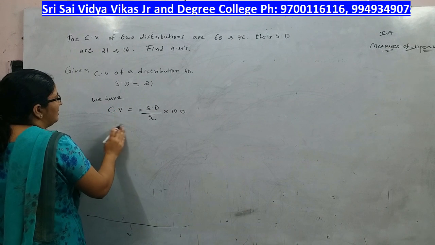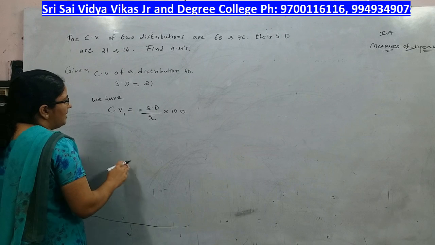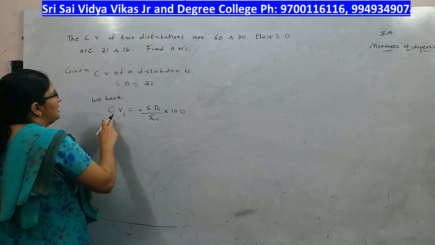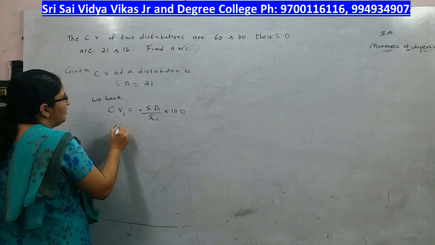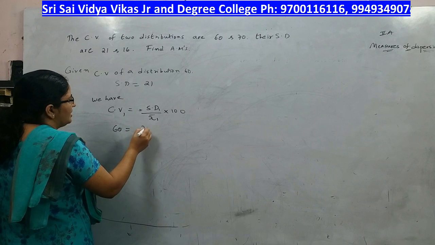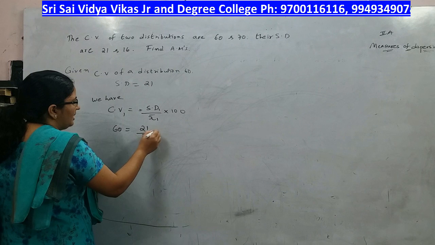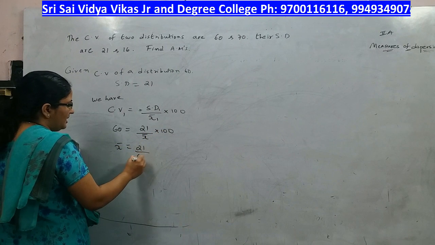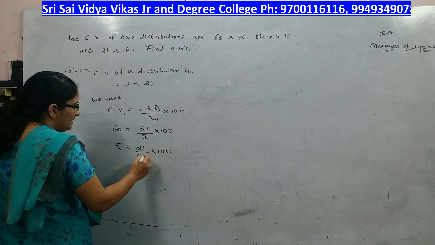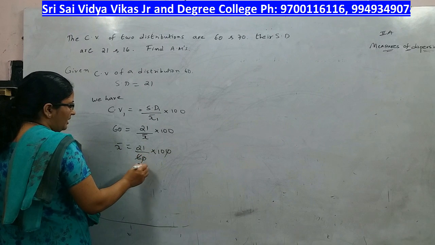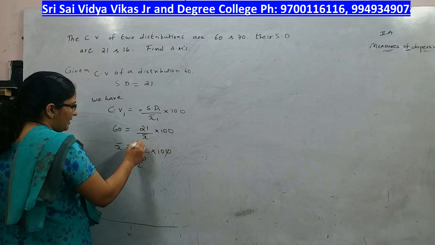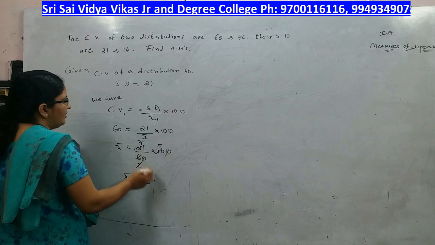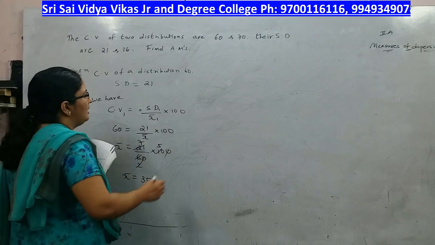CV1 is 60, which is equal to standard deviation 21 by x bar into 100. Take x bar up. X bar is equal to 21 by 60 into 100. 0, 0 cancel. 3 2s are 6, 3 7s are 21, 2 1s are 2, 2 5s are 10. X bar is equal to 35. For the first distribution, the mean is 35.